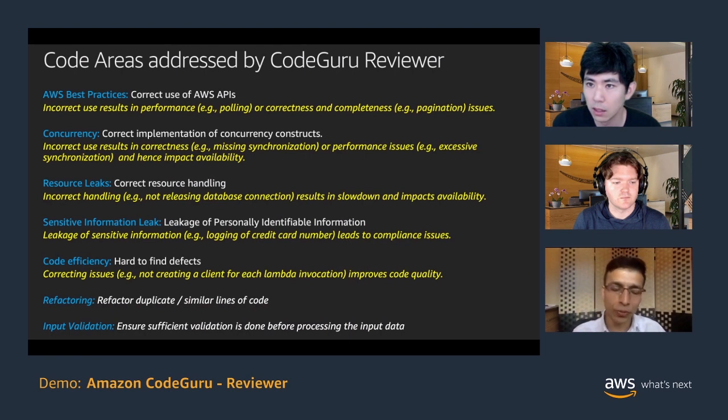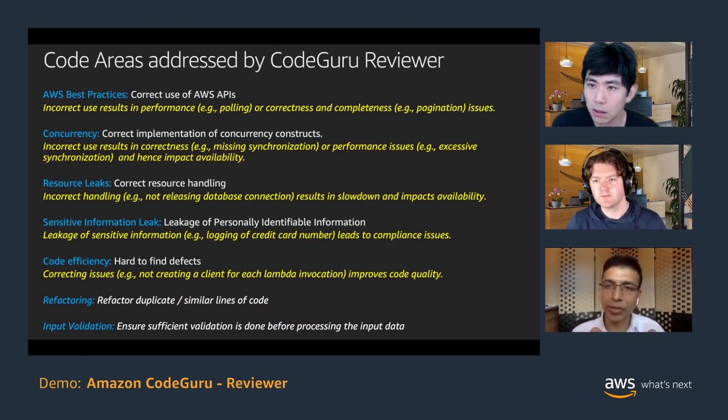That's a good question. So from the CodeGuru perspective, what it focuses on is the set of APIs which are AWS APIs, which are published, and it has knowledge about which ones are the current ones and which ones are the deprecated ones.